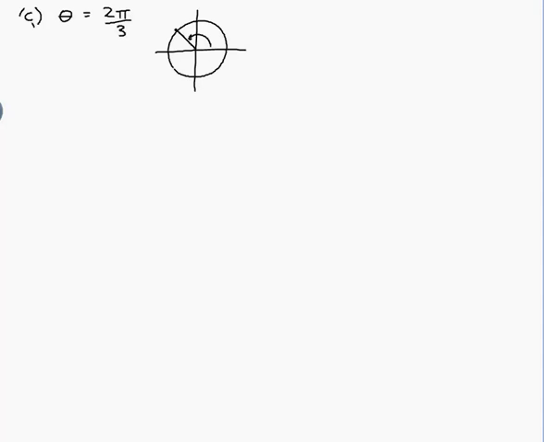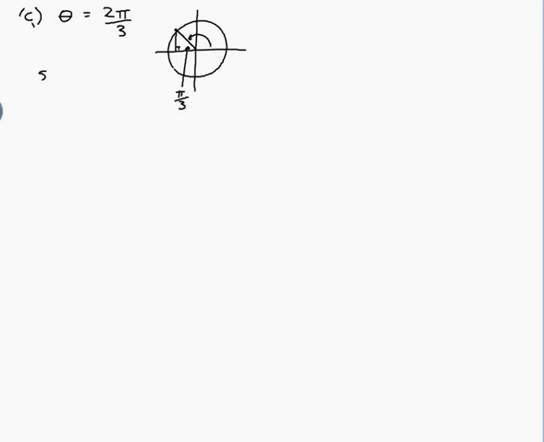The triangle we want to use in order to figure out our trig ratios is here. And the angle we have left in this spot just here is pi on 3, because we got 2/3 of pi, so we have 1/3 of pi left. So when we figure out sine and cos of 2 pi on 3, we're actually interested in what sine and cos of pi on 3 are.